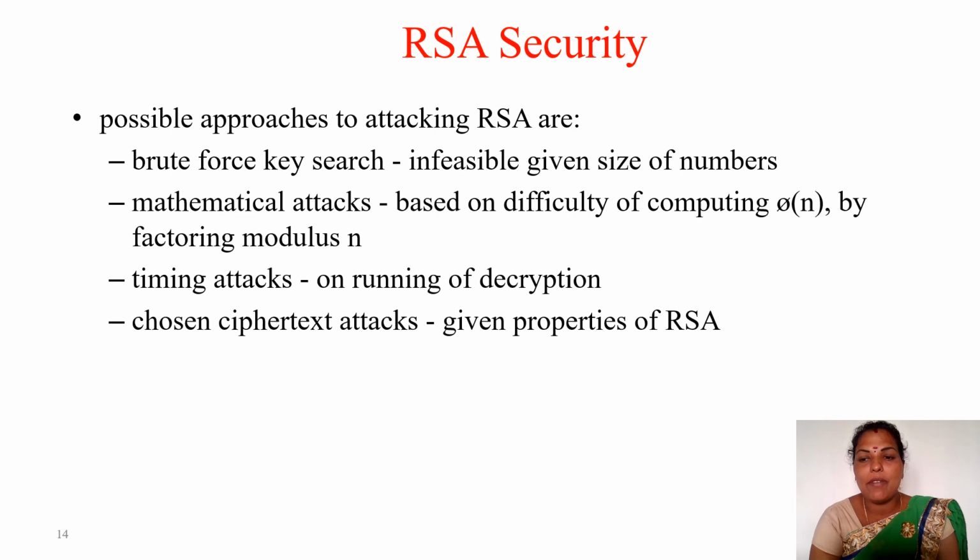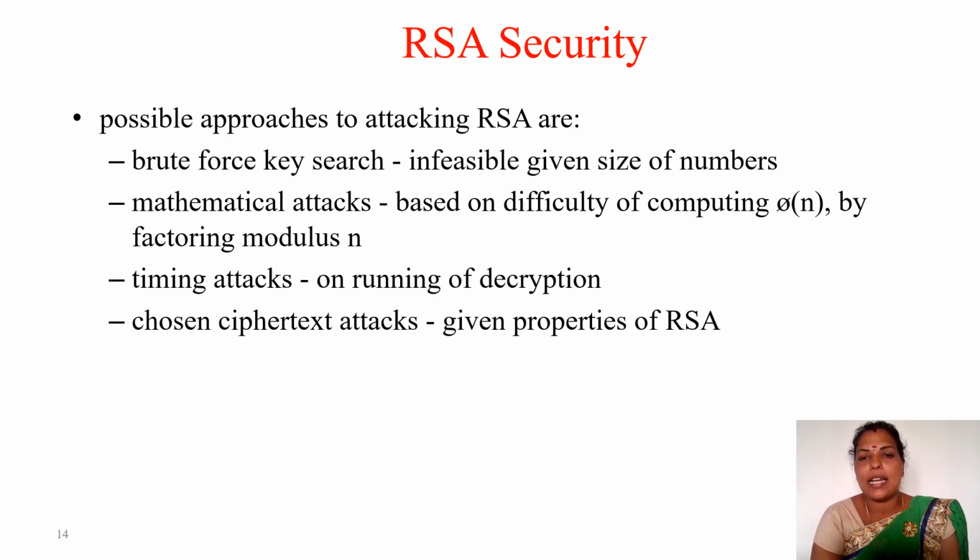Because if the n value is known, it is a public value only, but factoring P and Q is not that easy. Then timing attacks by running on the decryption process. It is vulnerable to some timing attacks. So researchers are proposing some improvements over RSA to avoid the timing attacks.